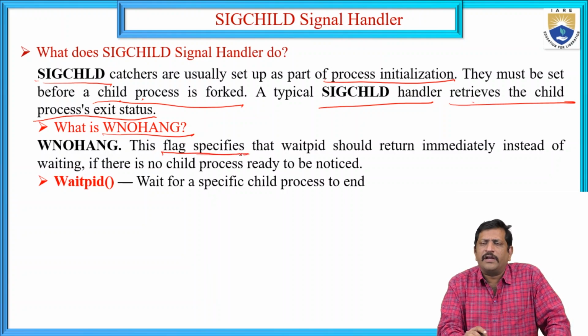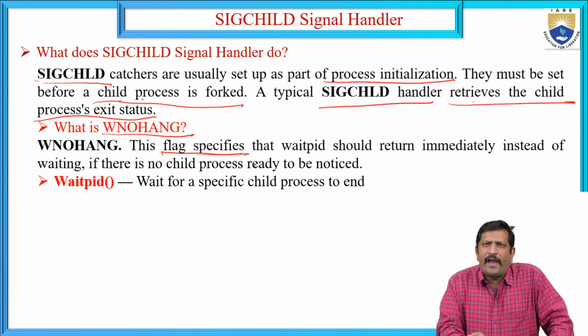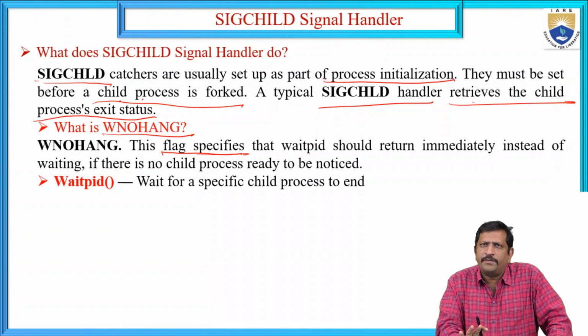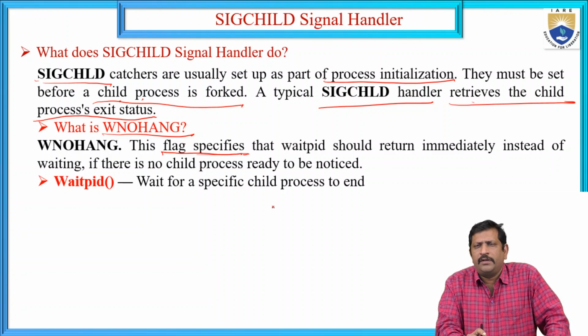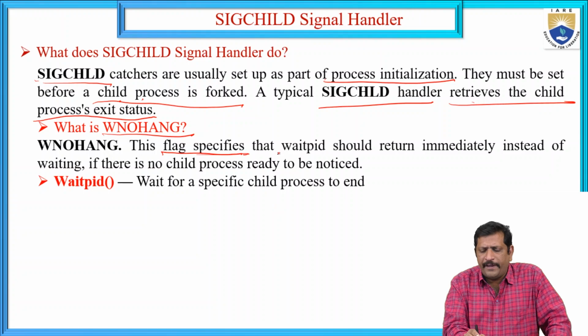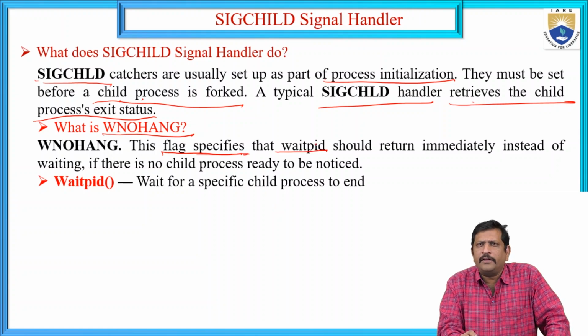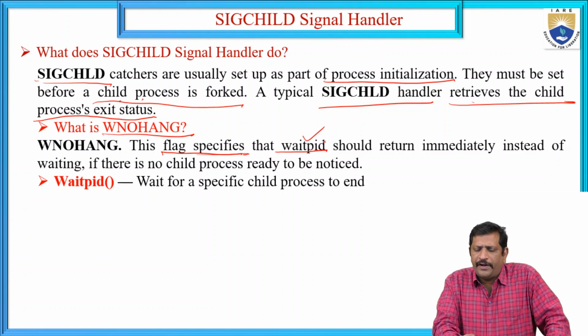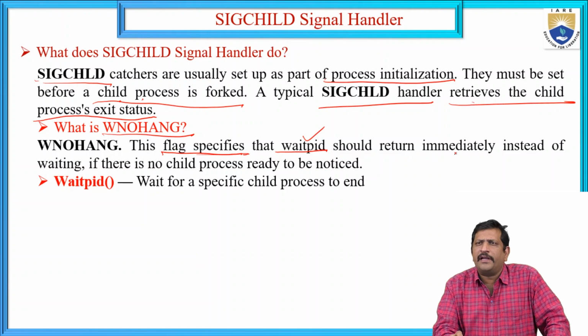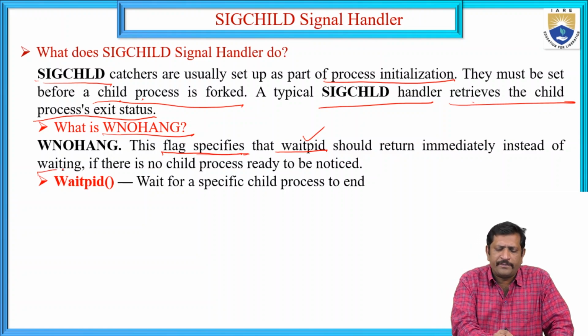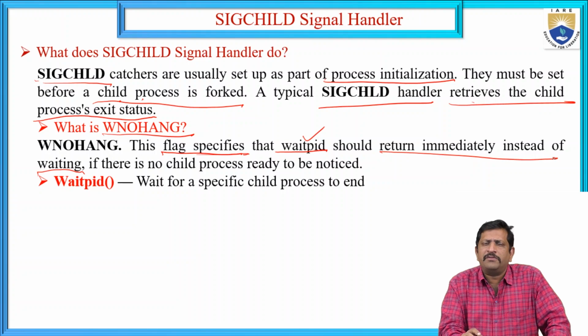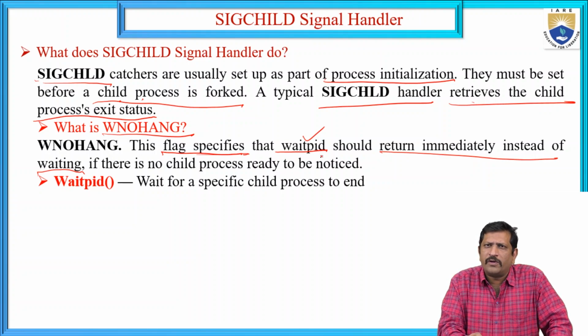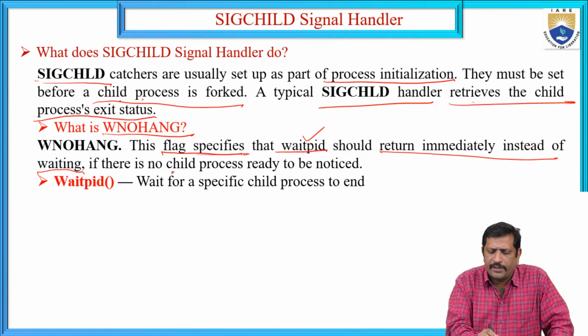In Unix network programming, WNOHANG is a flag bit specification, so that instead of waiting for the child process to terminate, waitpid should return immediately if there is no child process ready to be noticed.